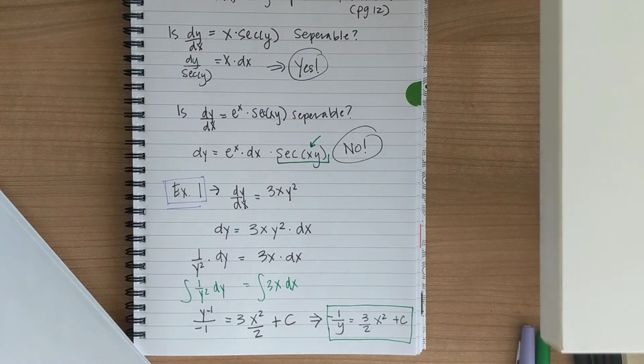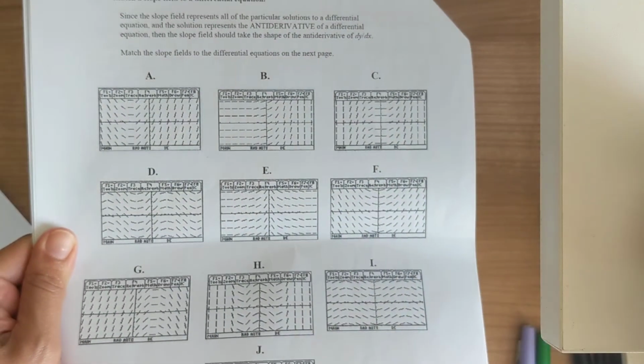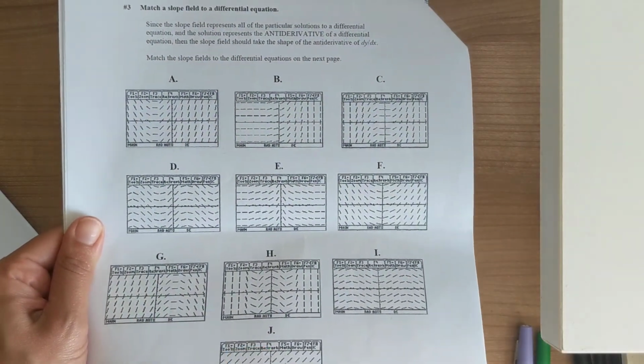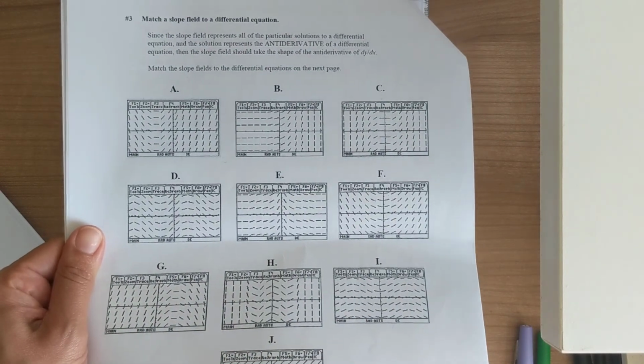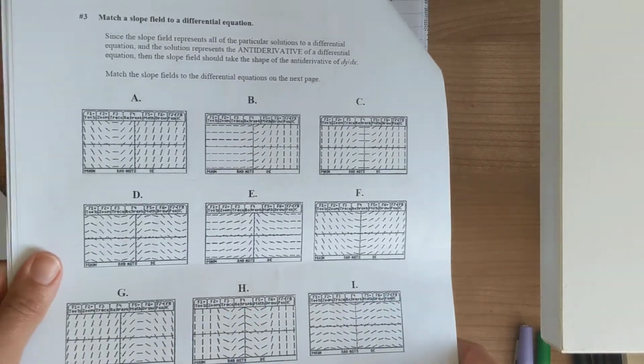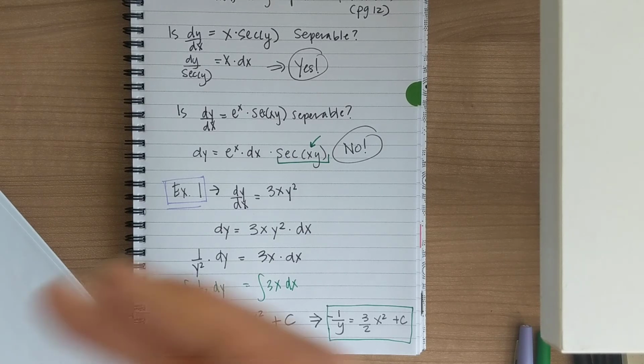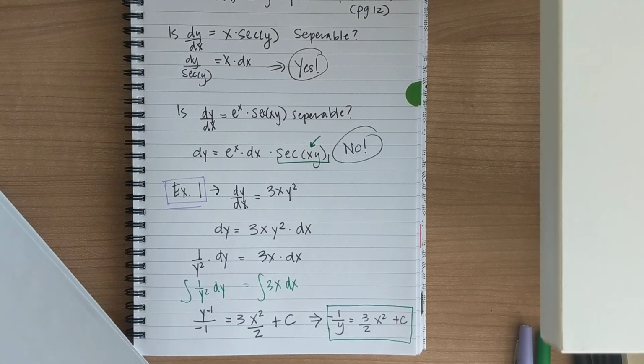All right, so that was page 12. Now if you go to page 13, it's actually a page we've done before. It's got all the slope fields and it says to match the slope field to the differential equation. This is exactly like what we did before spring break when we did our lesson on slope fields. I want you to go through and separate the variables and find the general solution to each one of those differential equations on page 14.